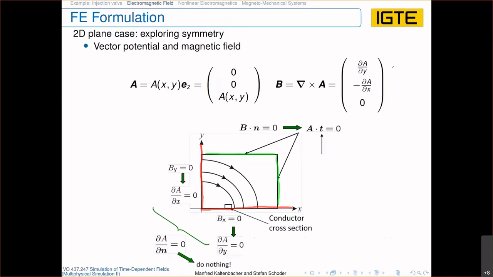If we look at our explicit expression, that means that the partial derivative of A, the z component of our magnetic vector potential, with respect to y, one moment. Sorry, clearly I have just taken the wrong one.